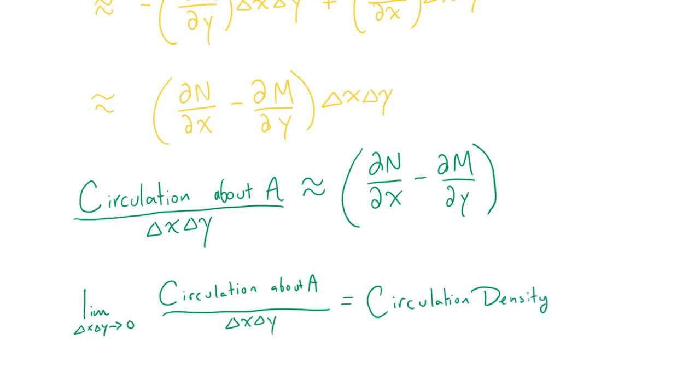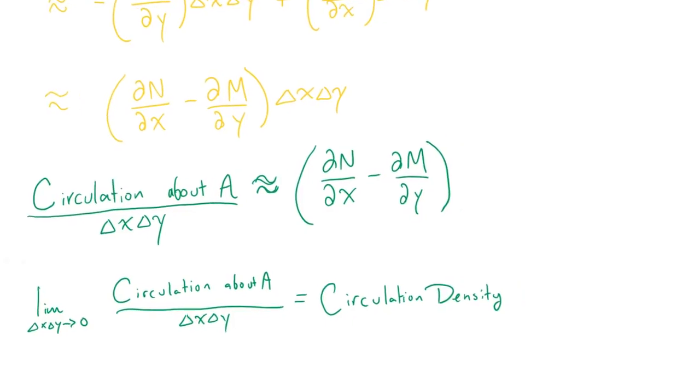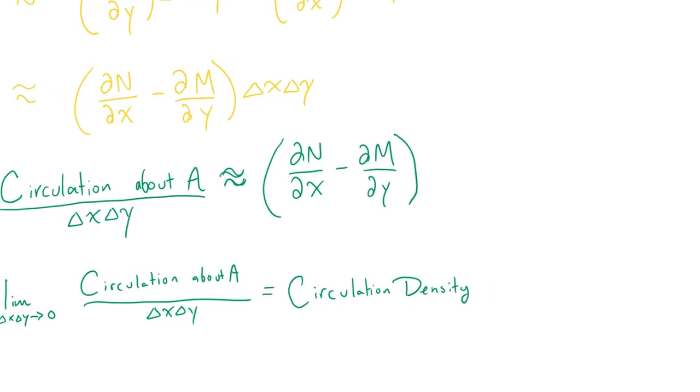And rather than being approximately equal to partial n partial x minus partial m partial y, this will equal exactly partial n partial x minus partial m partial y.